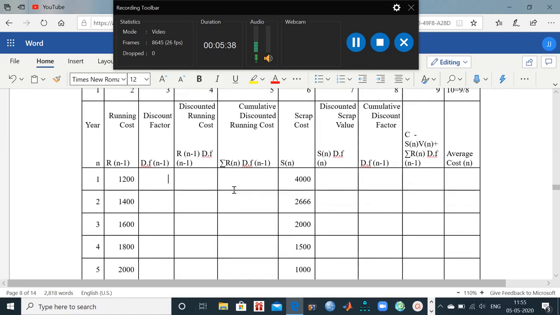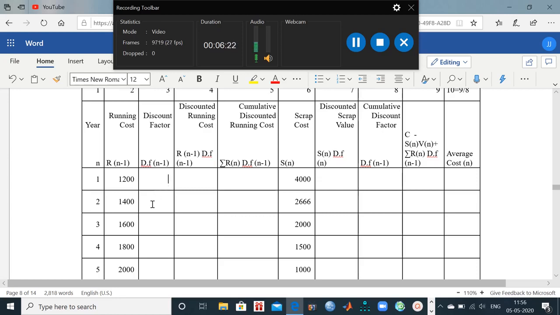So now if you find, I told you the running cost is always discounted with n minus 1, and in the formula, which is 1 divided by 1 plus r by 100 to the power of n minus 1. So if n is 1 here, then in the formula it would be 1 divided by 1 plus r by 100 to the power of 1 minus 1. R is 10%, so it is 1 divided by 1.1, which is again raised to the power of 0.